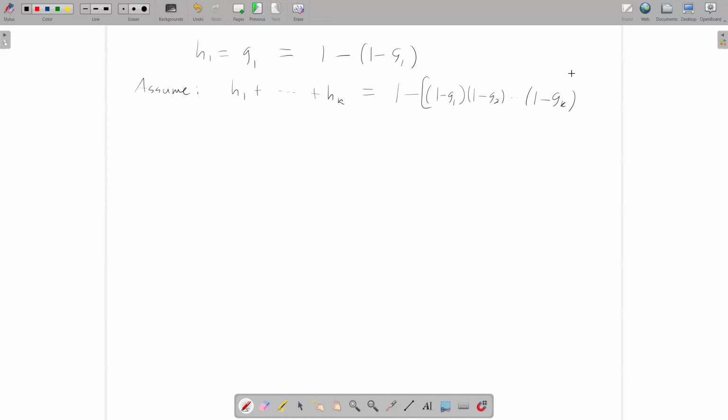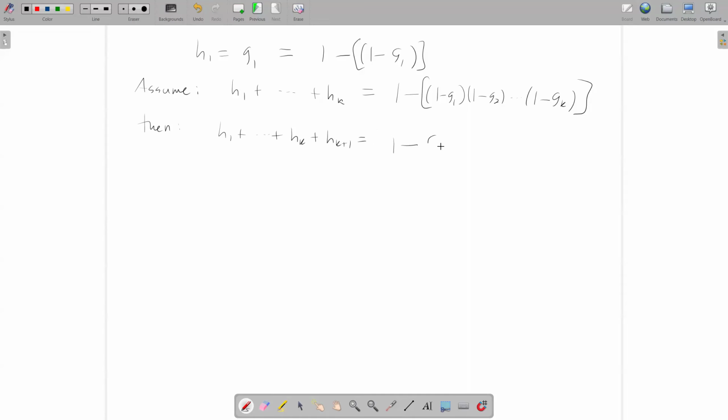Okay, so we can put that in brackets if you want. Clearly it's true for k equals 1. We assume it's true for k, so we're trying to do an induction here. Then h1 plus ... plus hk plus hk plus 1 is equal to this whole thing.